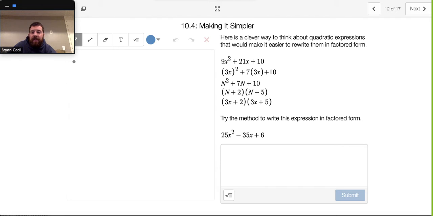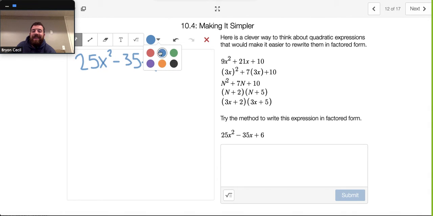Okay, so now I've got a 25x squared plus 35x plus 6. So let's try the same thing. So again, hey, 25x squared. And start to think about it as we're writing this out. Okay, what number times itself gives me 25? Well, we know the square root of 25 is 5. Does 5 go into 35 as well?